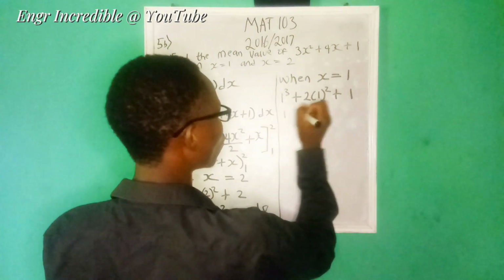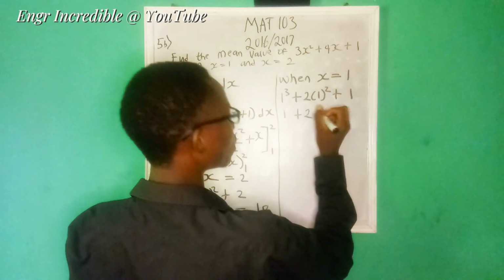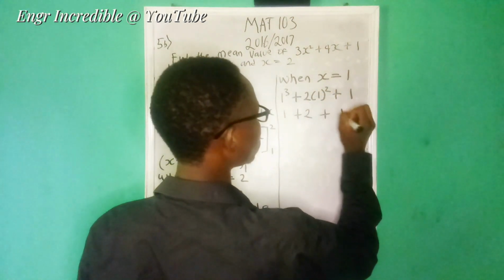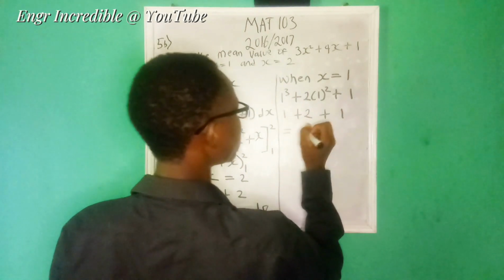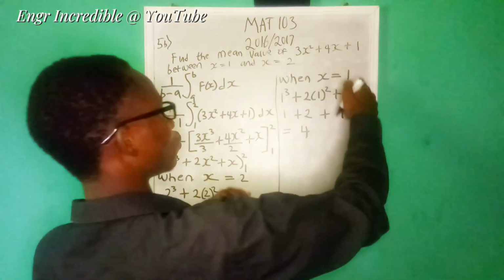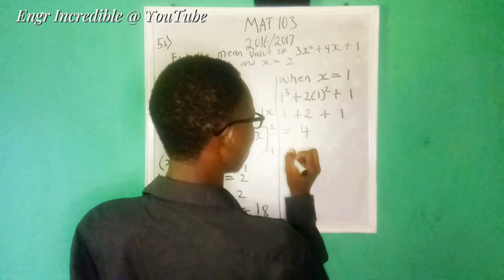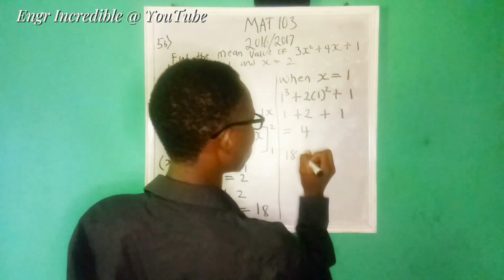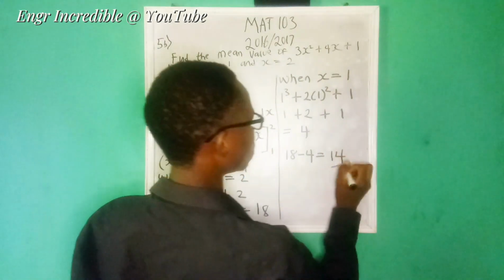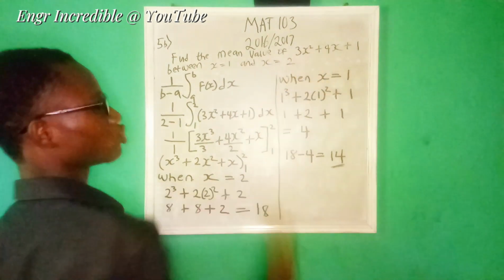So 1 cubed is equal to 1, plus 2 times 1 squared, that is 2 times 1, which is still 2, plus 1 here. Then when we add this together, we get 4. So this is when x is equal to 2, and this is when x is equal to 1. When we subtract them from each other, we have 18 minus 4, which is equal to 14. Now this is the mean value of this equation right here.